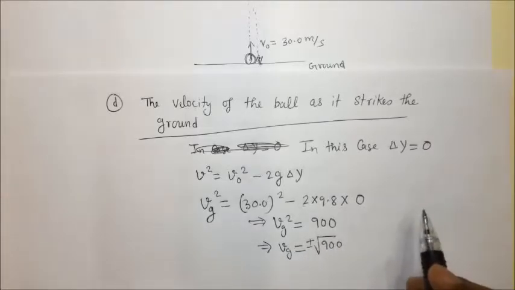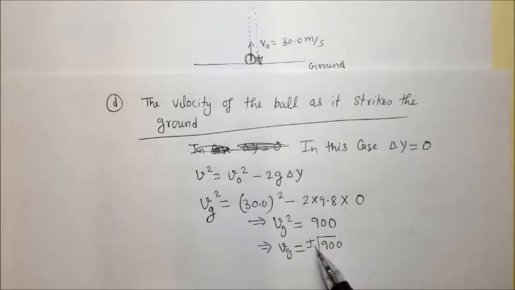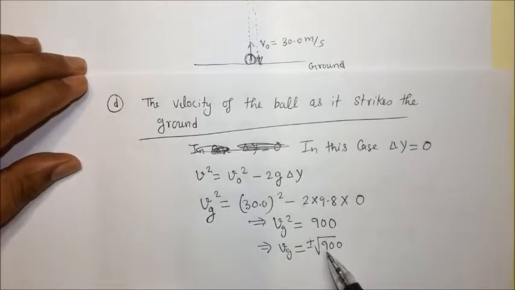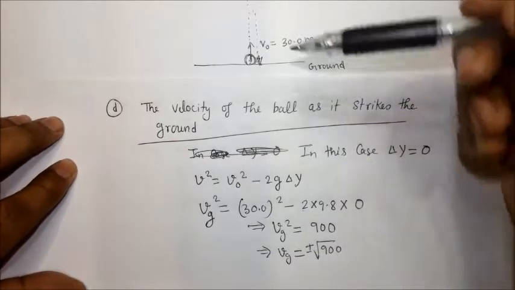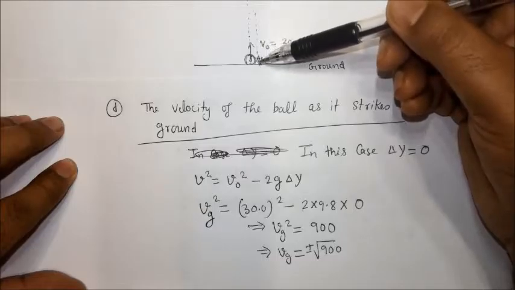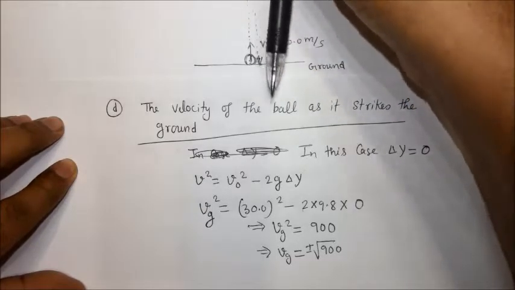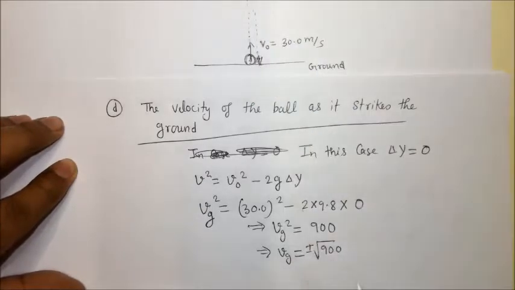I need to accept one answer, either plus or minus, but we have to make a correct choice. Which one is going to be correct? When it is coming towards the ground, it is going towards the minus y-axis. So vg will be minus.